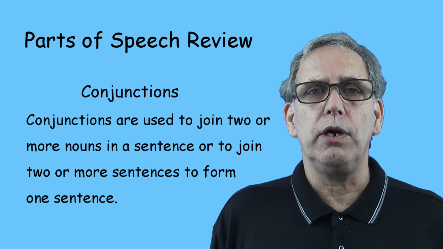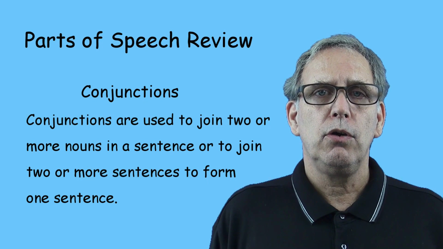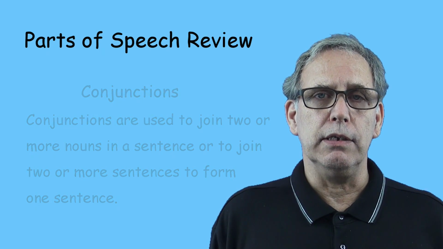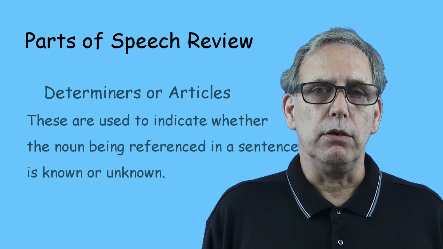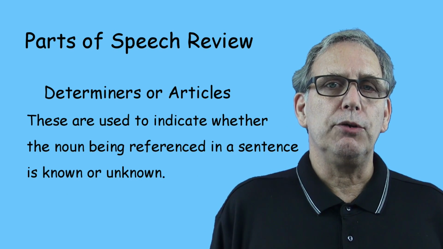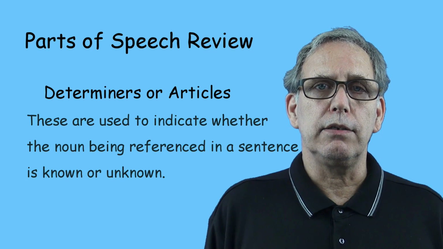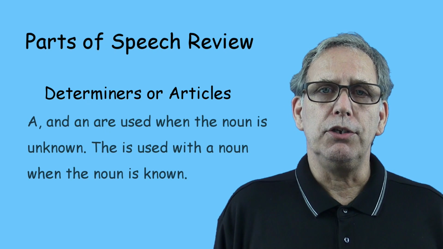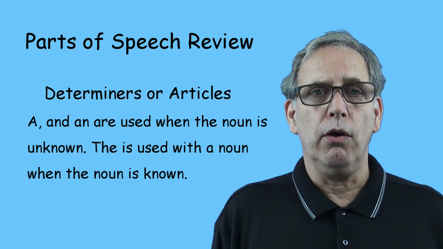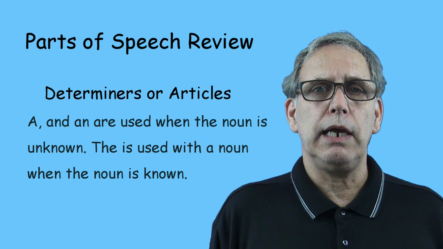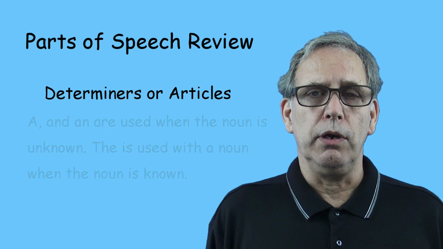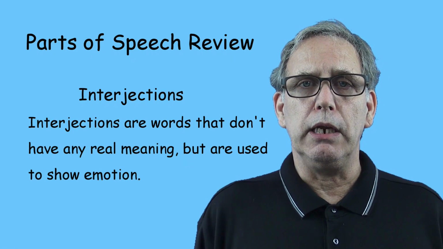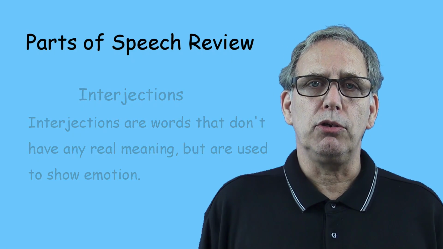Conjunctions are used to join two or more nouns in a sentence or to join two or more sentences to form one sentence. Determiners, or articles. These are used to indicate whether the noun being referenced in a sentence is known or unknown. A and an are used when the noun is unknown. The is used with a noun when the noun is known. Interjections. Interjections are words that don't have any real meaning, but are used to show emotion.